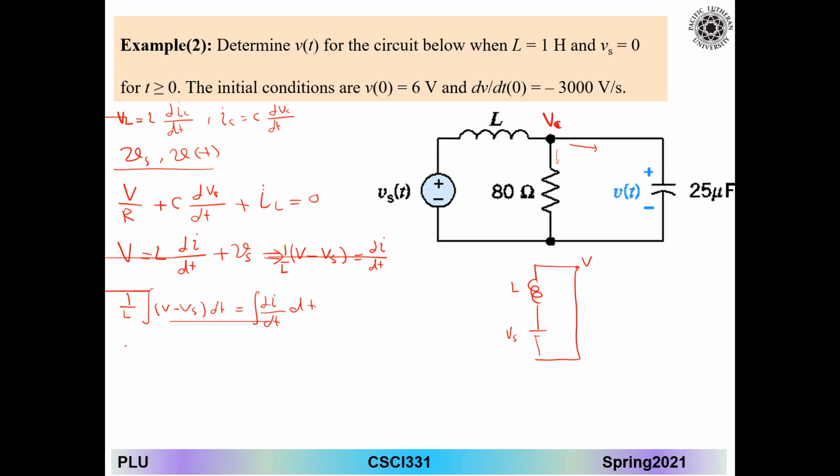So I can write down 1 over L integral of V minus VS dt equals IL. That's the equation missing from my part. This is the equation that we are looking for. So I have to replace it in my equations here.